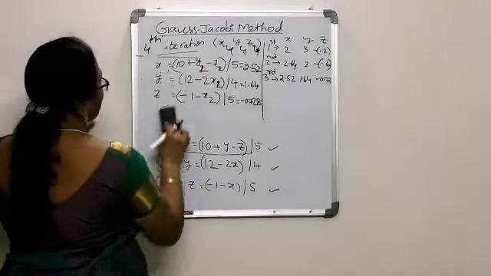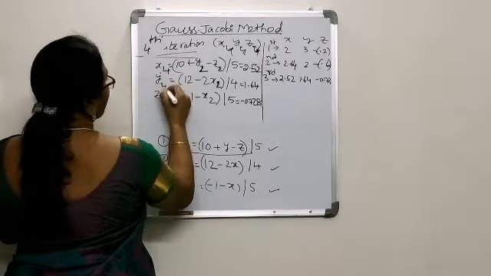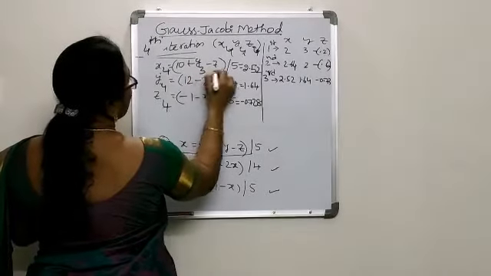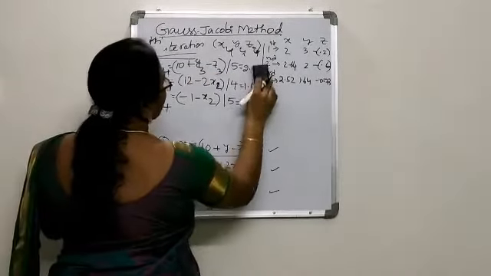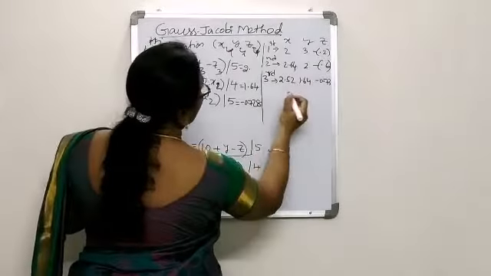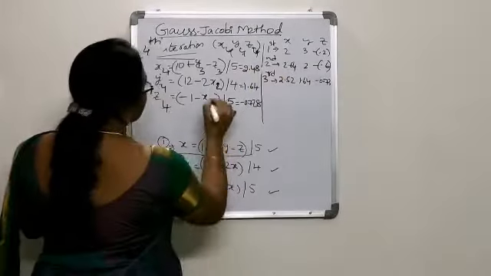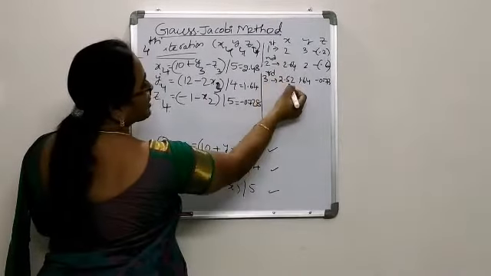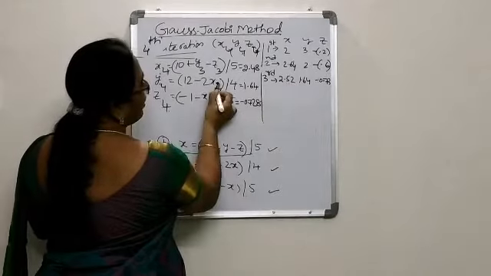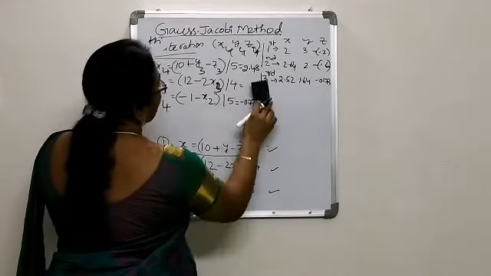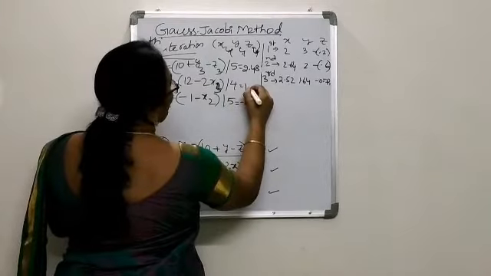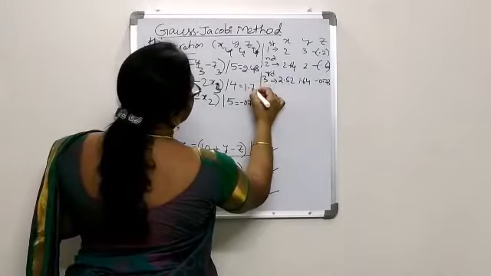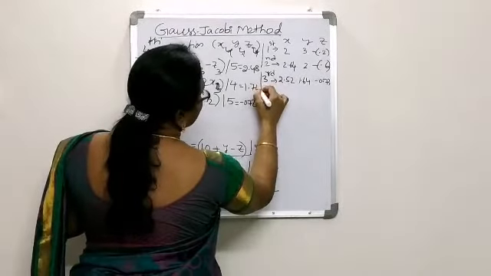We have from our variable expressions x4 equal to 10 plus y3 minus z3. We can get this equal to 2.48. The next is 12 minus 2 into x3. Substituting the value of x3, which is 2.52, here we get the value of y4 is equal to 1.74.